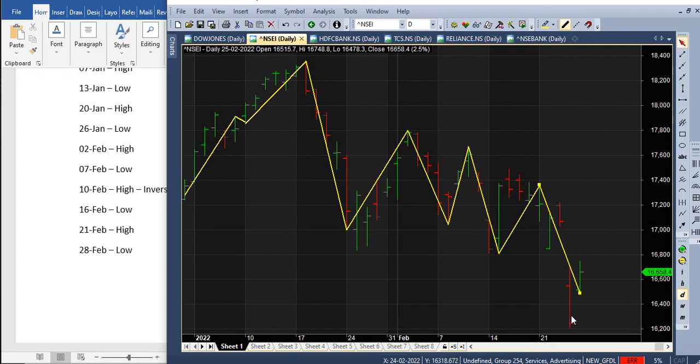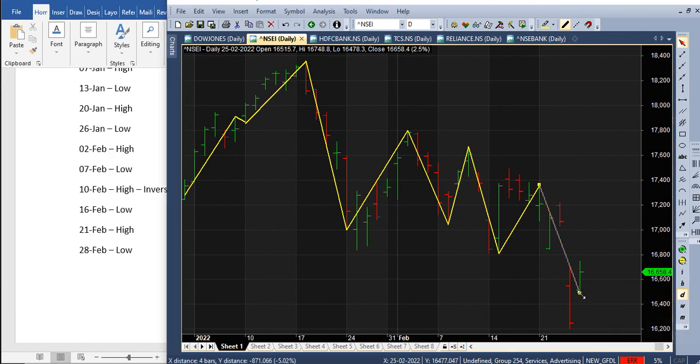Now see, even though this bar is technically low, this is not our pivot low. See how it is taking resistance, it's taking support, this bar is taking resistance on this particular trend line. And this video is recorded on 27th of February. So we do not have this 28th of February low which is forecasted over here.